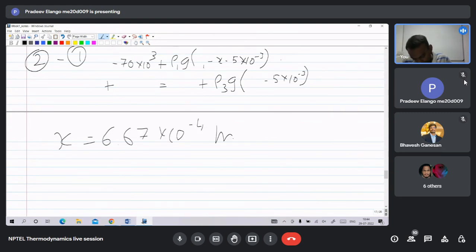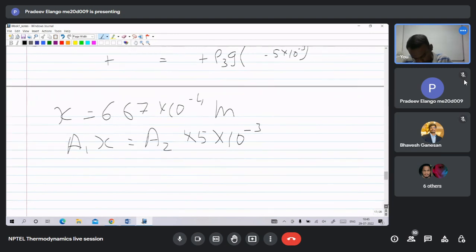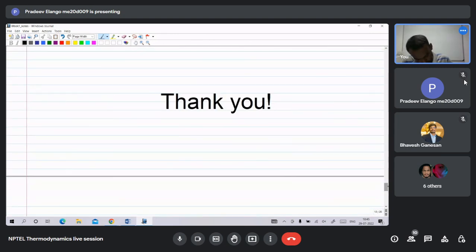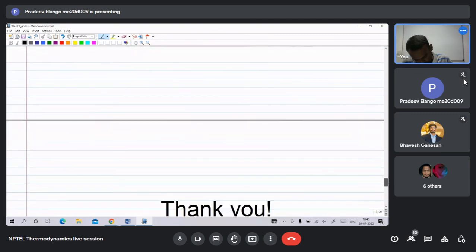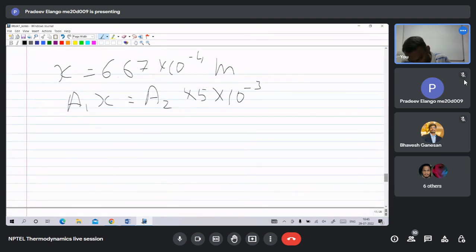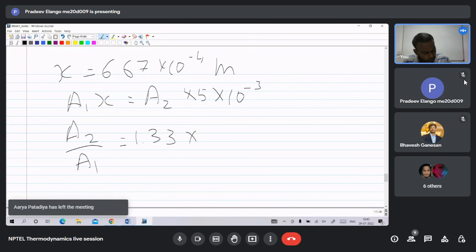So this is in meters, so we had A1 into x equal to A2 into 5 into 10 power minus 3. So A2 by A1 will become 1.33 into 10 power minus 4.